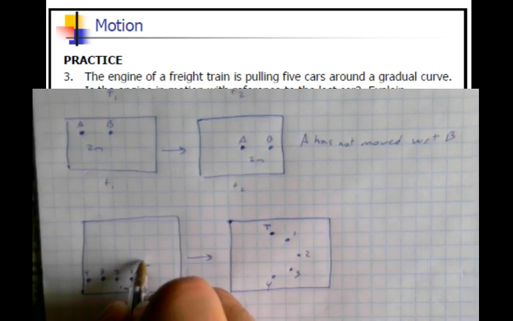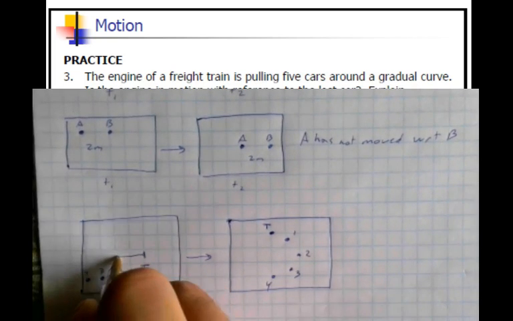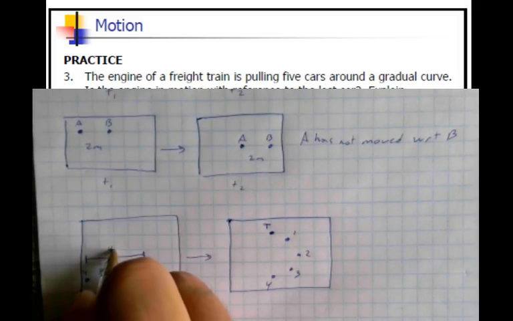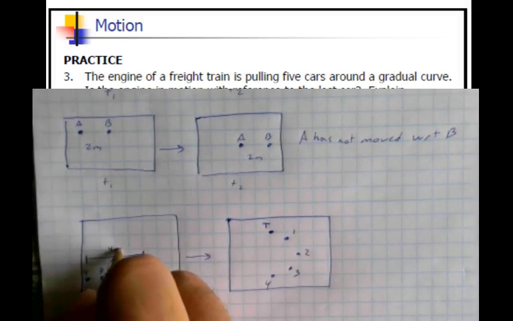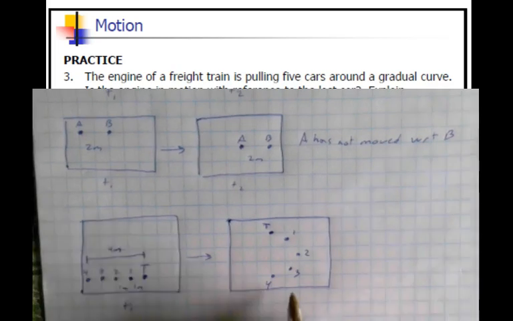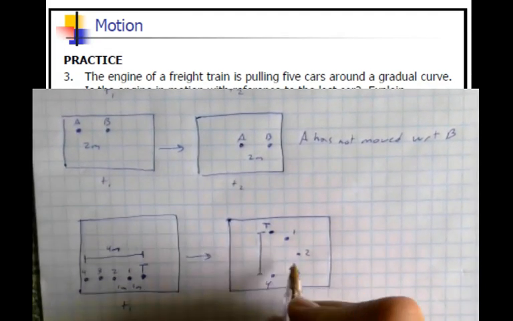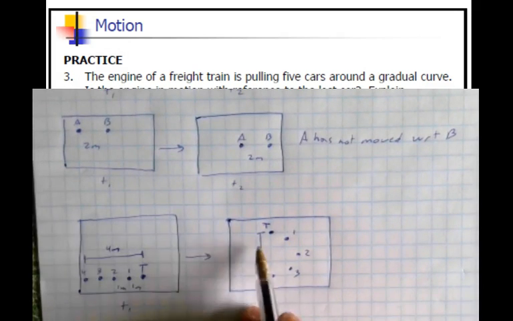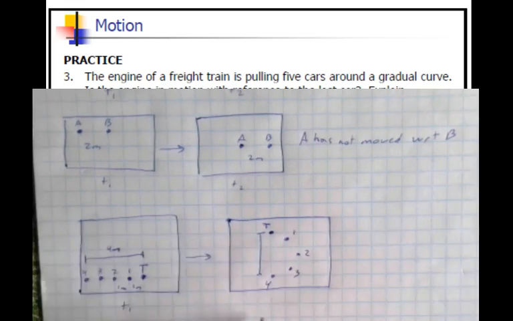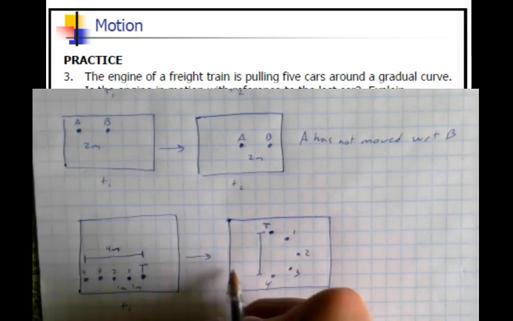So the distance from here to 4 might be 4 meters. Even if it is 4 meters, we don't know exactly what it is because we don't know the radius of this curve, but the direction has changed.